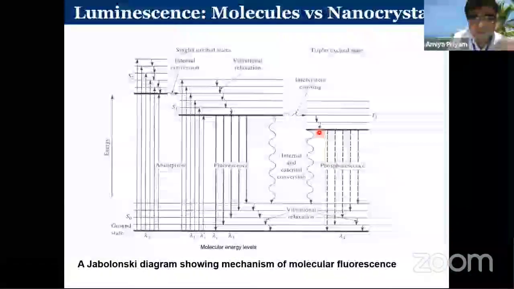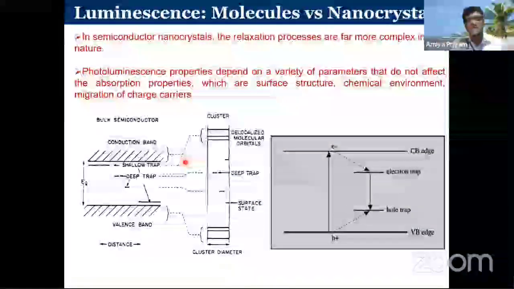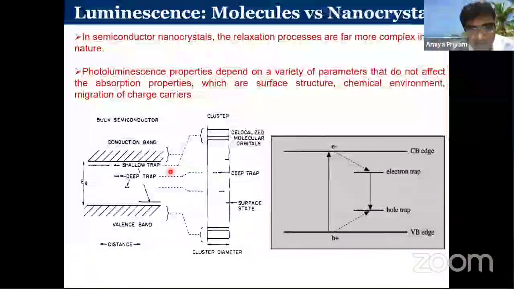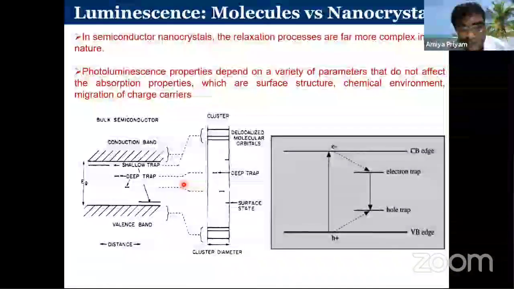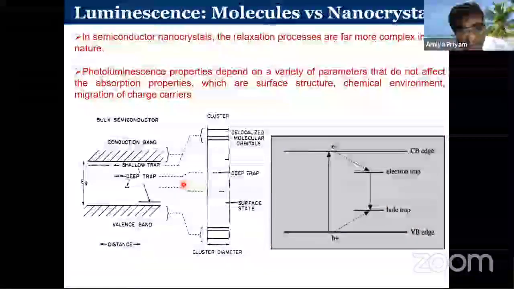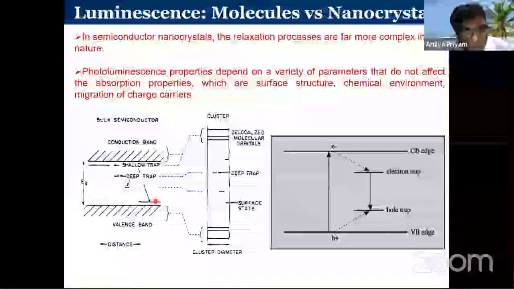An important thing here is that in a semiconductor nanocrystal, there are a lot of particles, and the ratio of surface atoms to core atoms goes on increasing as you reduce the size. The surface atoms have unsatisfied valencies, unsatisfied coordinations, and these give rise to trap states.